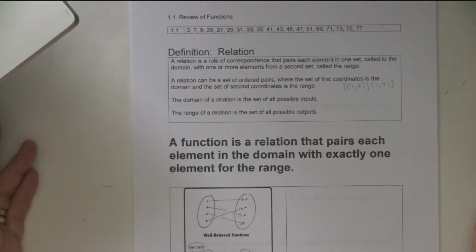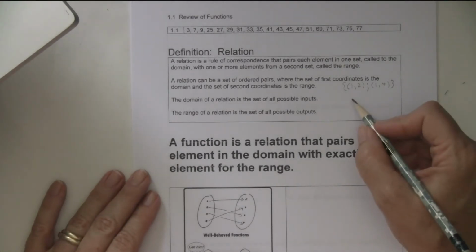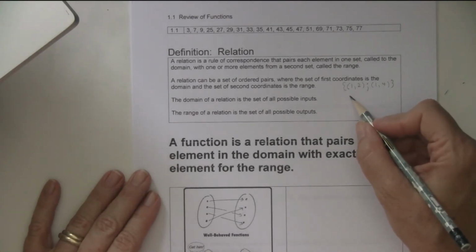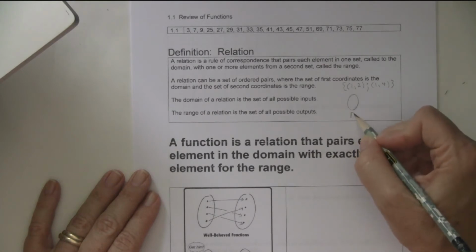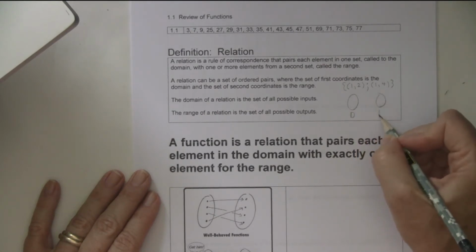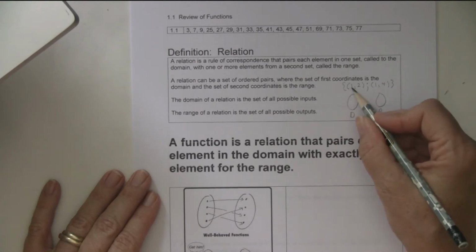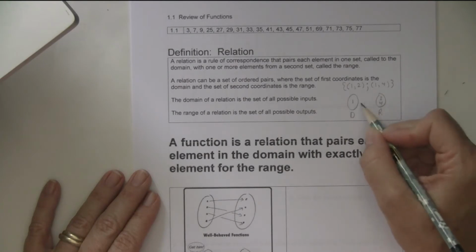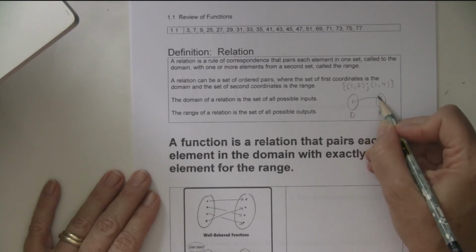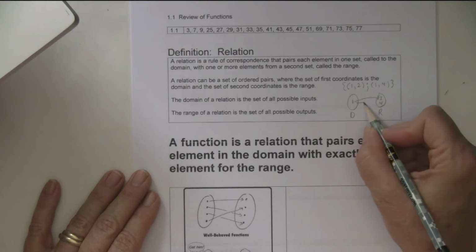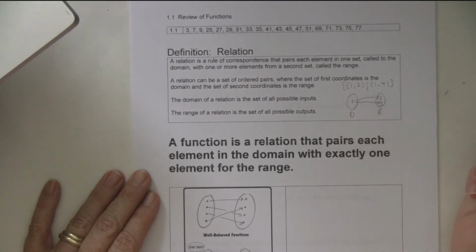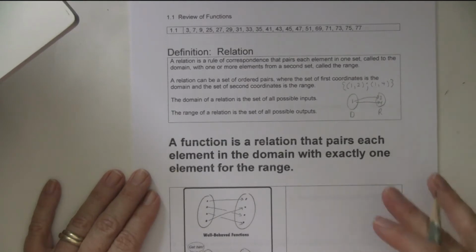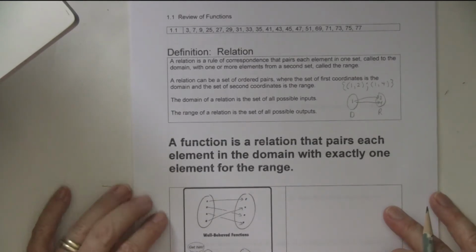And I could look at those two ordered pairs with a mapping that goes from the domain to the range. And so in the domain I only have 1, and in the range I have 2 and I have 4. And the mapping sends 1 to 2, and it also sends 1 to 4, and that would be a relation. And then they talk about a special relation, and that was the function.